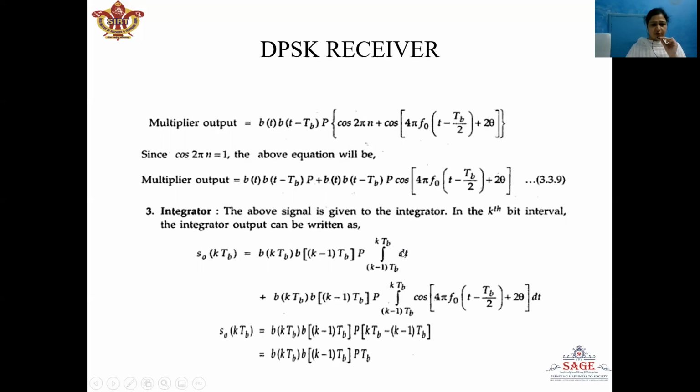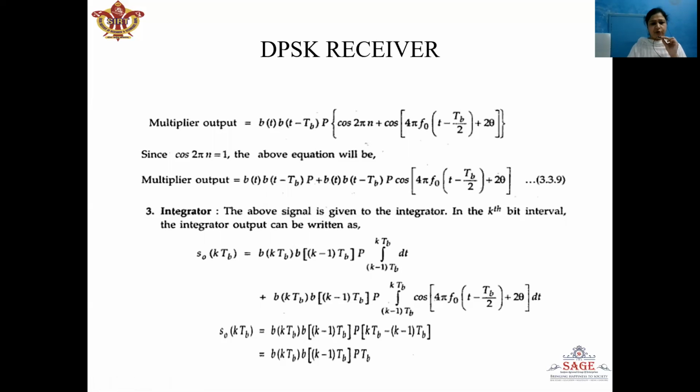The integration of dt is t, and applying the upper limit and lower limit, we get the result P into (kTb minus (k minus 1)Tb). kTb will get cancelled, so we are left with only PTb. Now this is the output of the integrator and dump receiver, which is given as b(kTb) b((k minus 1)Tb) into PTb.